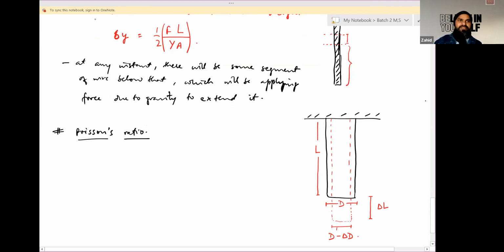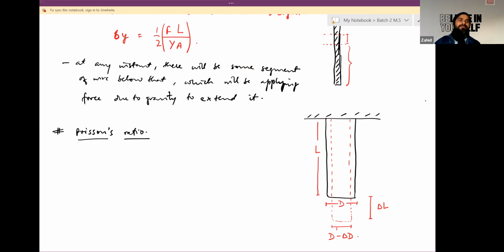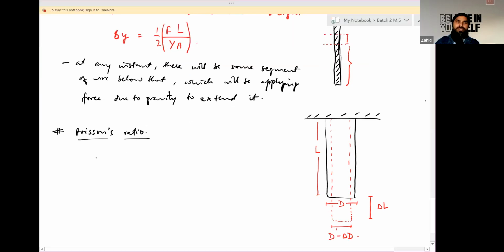So there are two different types of deformation in this. First is along its length, which is called longitudinal strain.